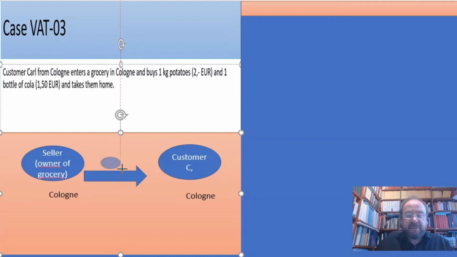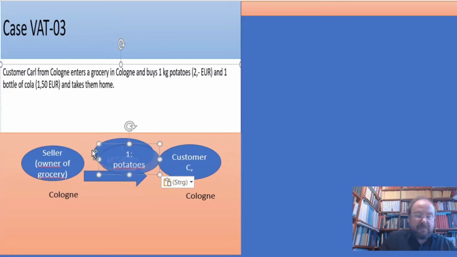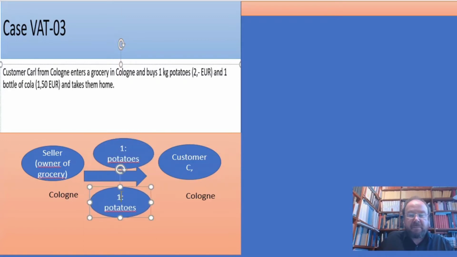So number one is the potatoes. Number one is probably a bit better. Here you see potatoes. And transaction number two is the bottle of Coke.